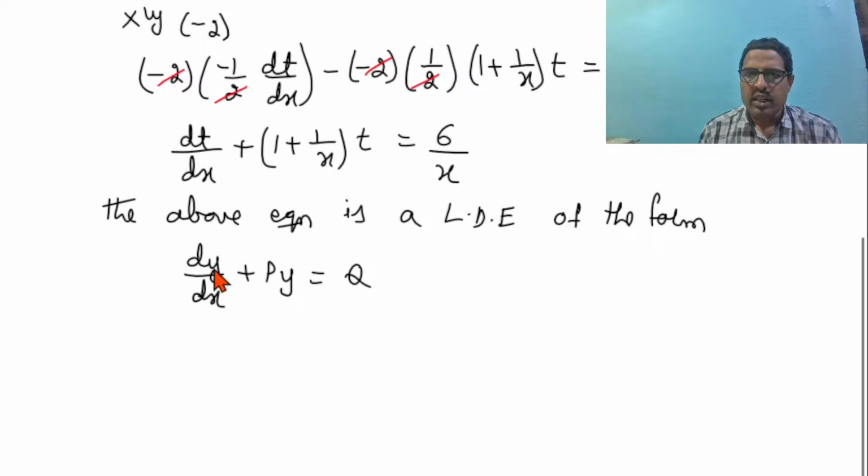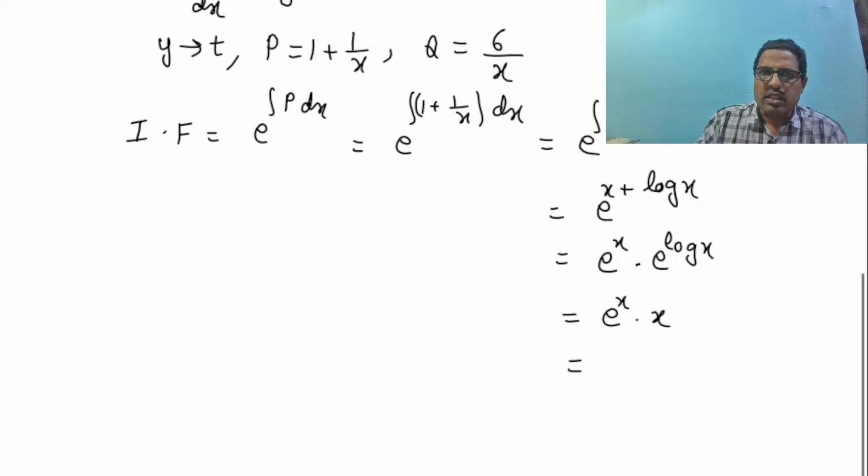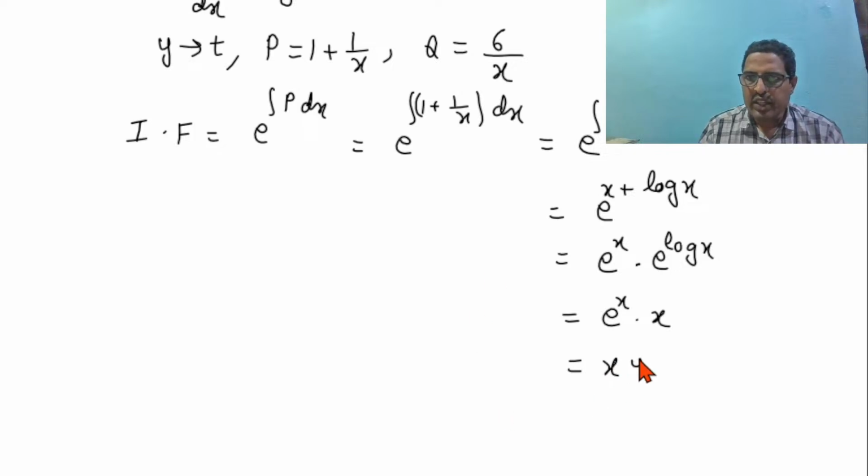So here y corresponds to your t value, and this y also corresponds to t. So what about the p value over here? The value of p will be 1 plus 1 by x, as it is, no problem, but e power of log of x, e power of log of x will just become x itself. So e power of log will vanish, you are left only with x, or I can rewrite this as x into, first I will write x into e power of x.